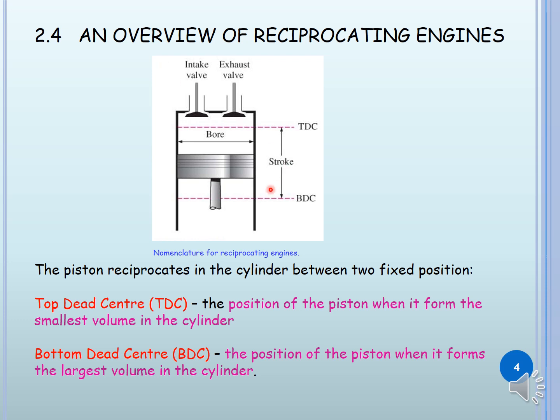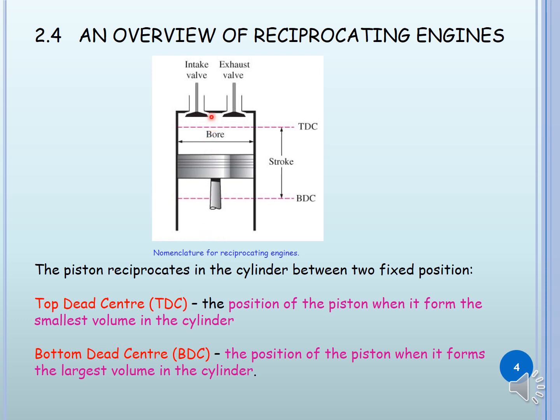We normally use these terms, the nomenclature for reciprocating engines. The main nomenclature that we will use is bore, top dead center, the stroke, the bottom dead center, intake valve, and exhaust valve. So the top dead center is the position of the piston when it forms the smallest volume in the cylinder, because it is at the top.